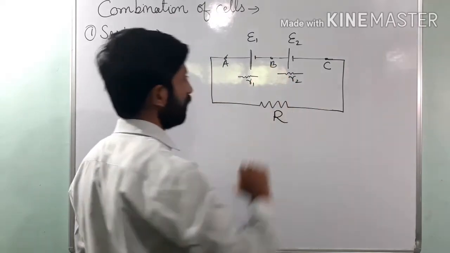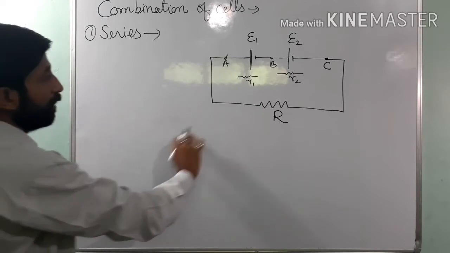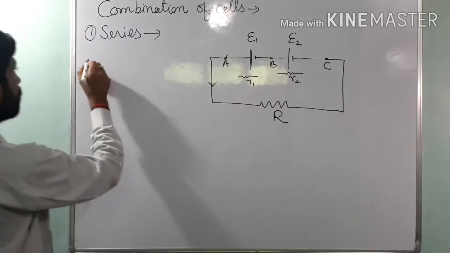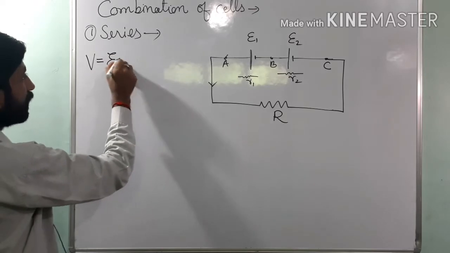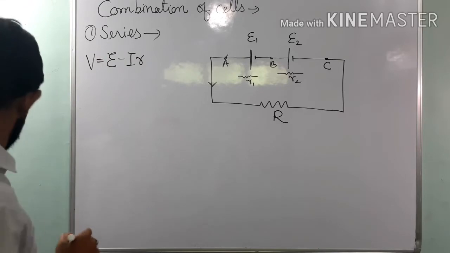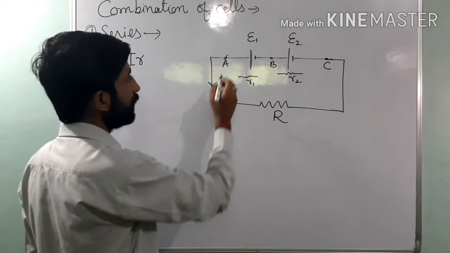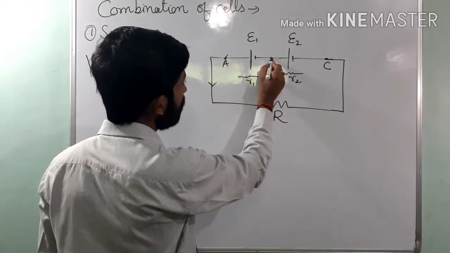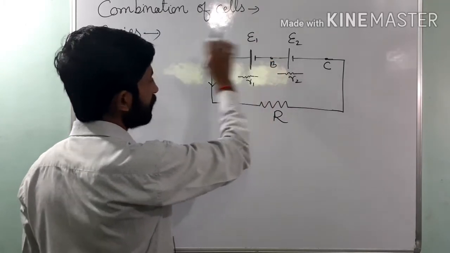and this is an external resistance capital R. Okay, so we know that the terminal potential of the cell is given by the EMF of the cell minus the current multiplied by its internal resistance. Now see very carefully the potential between A and B, the points connecting the two terminals of the first cell.